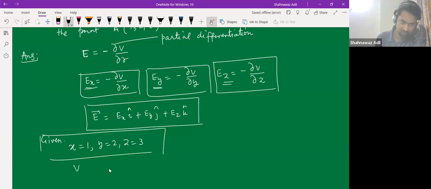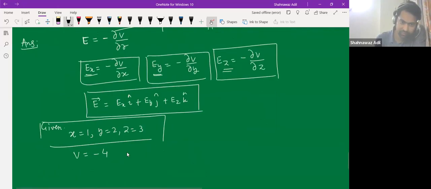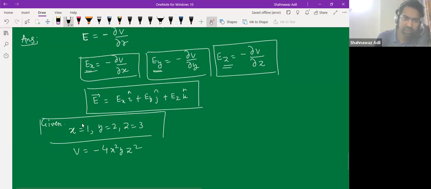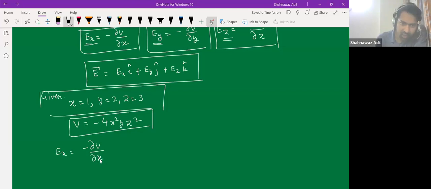So we know that V is minus 4x square y z square. This is my potential. First let us calculate Ex. Ex is minus dV by dx. I will keep x as the variable, and all the other things are constants.